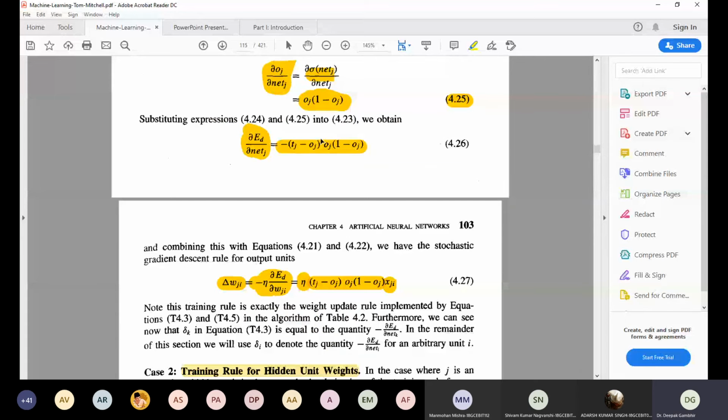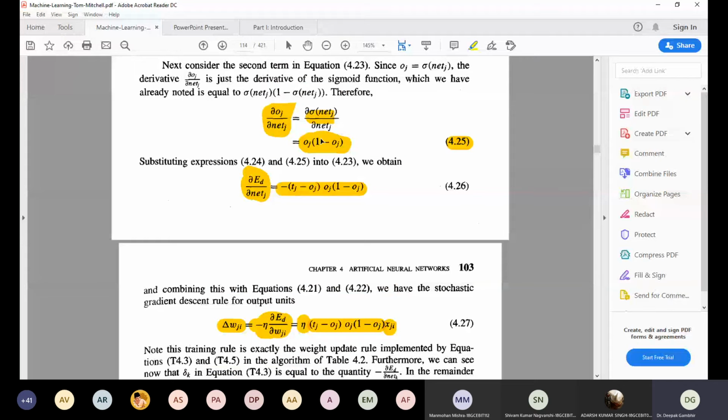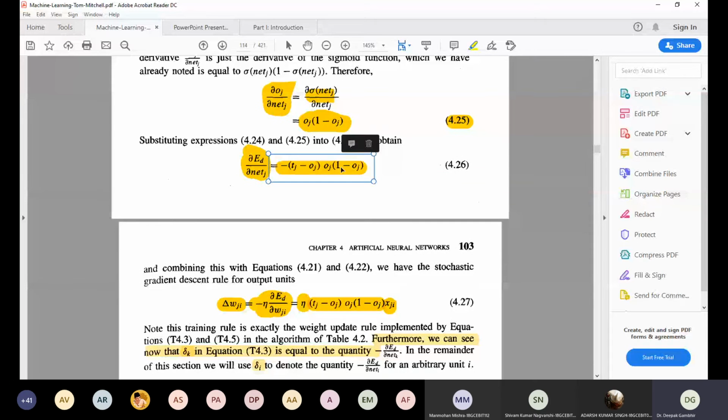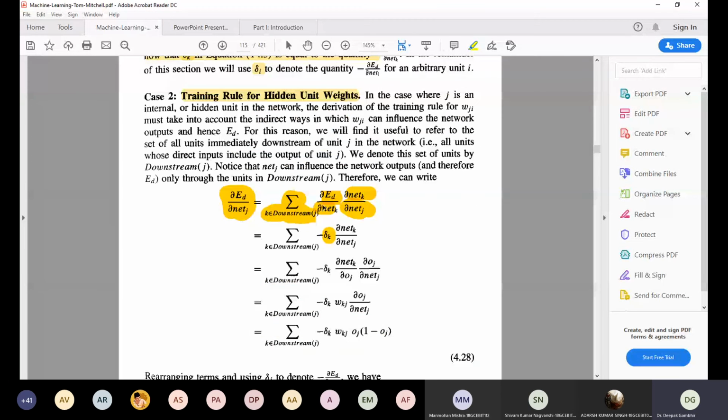This delta k is written as the partial derivative of minus Ed by net k, and minus Ed by net k is the function (tj minus oj) times oj times (1 minus oj), that is target minus output into output into (1 minus output). So this thing is used as delta, so it is directly written as delta, and this other partial derivative we again need to compute.